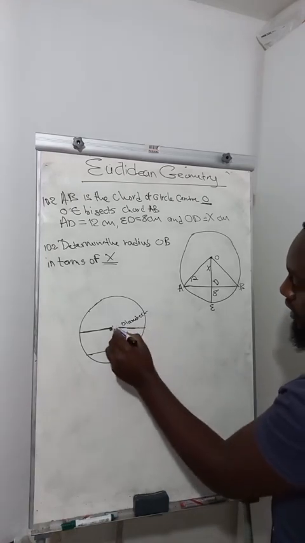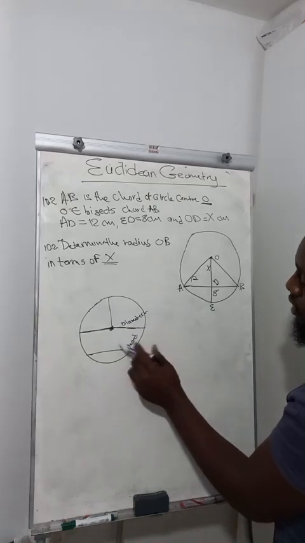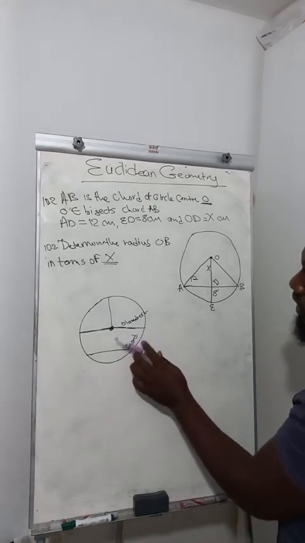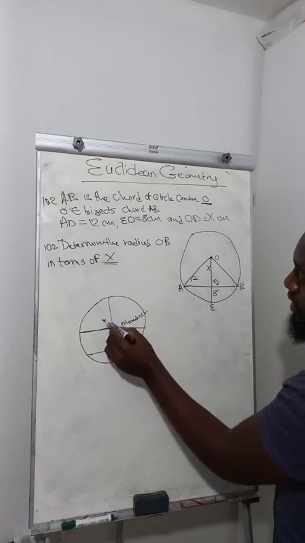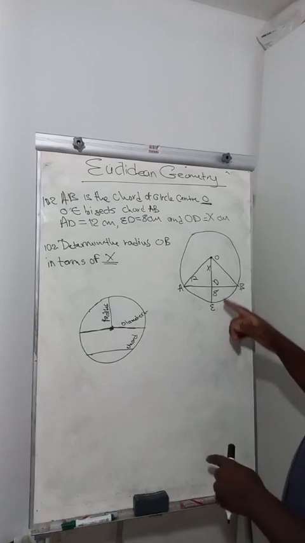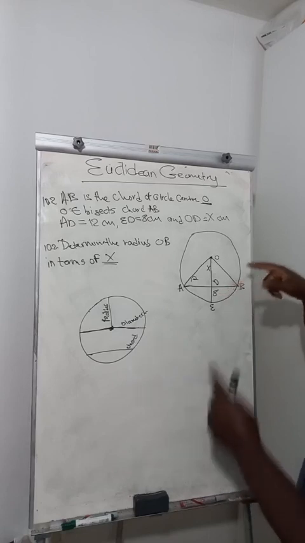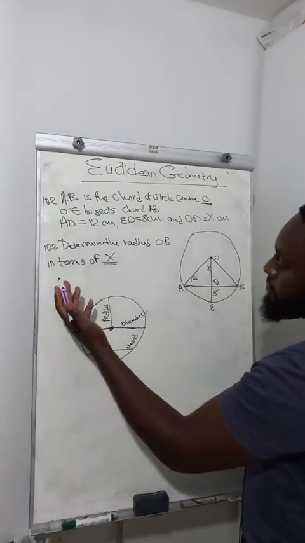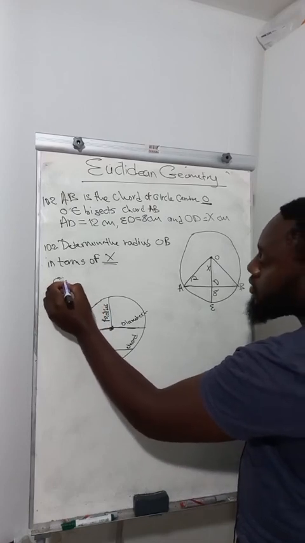If now a line is drawn from the center up until the circumference, just moving from the center to the circumference, that thing is the radius. So in this case, what they are referring to is the radius. It will be OE.